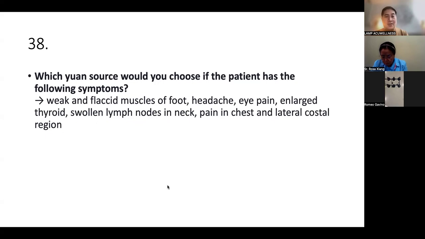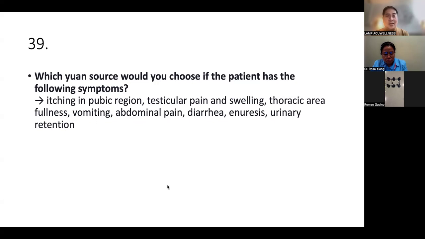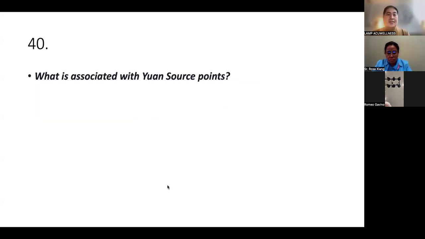Weak and flaccid muscles of the foot, headache, eye pain, large thyroid, swollen lymph nodes along the route of the channel: GB40. Itching in the pubic region, testicular pain and swelling: Liver 3.